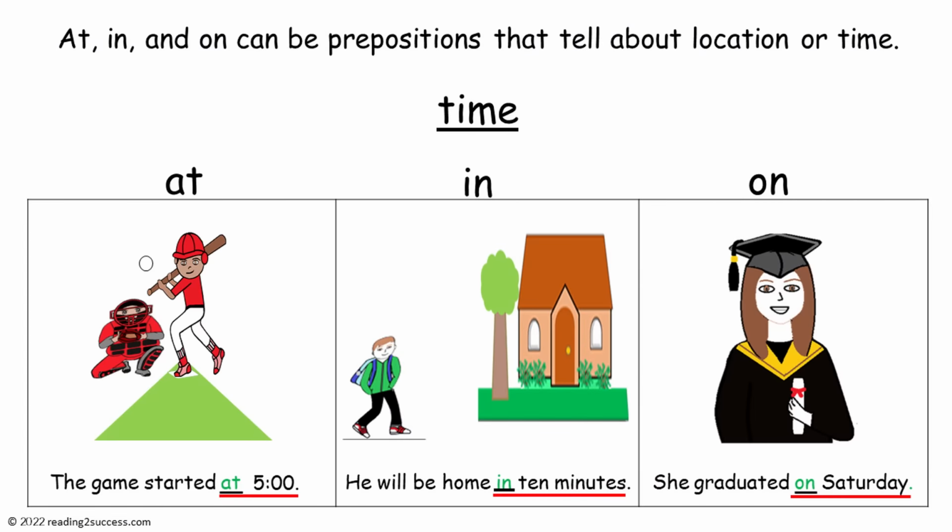Now have kids work with the prepositions at, in, and on when they tell about time, as in, the game started at 5. He will be home in 10 minutes, and she graduated on Saturday.